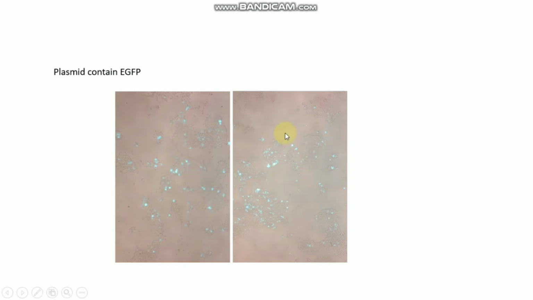This green fluorescence indicates the efficiency of your transfection. A higher green fluorescence means your transfection efficiency is very high.